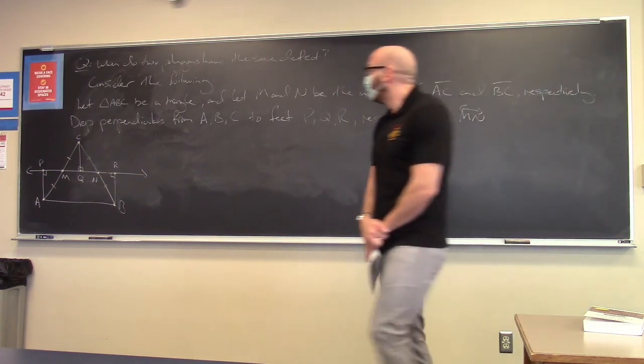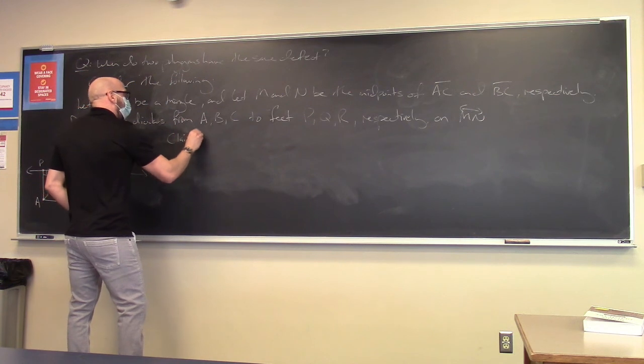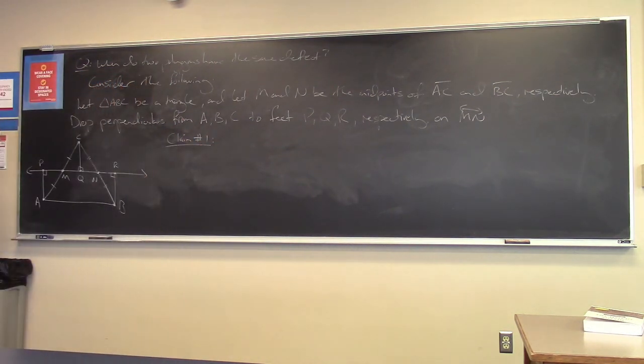Okay. All right, so I'm going to make a couple of claims. Claim number one. My first claim is that ABRP, actually I think in my notes I go the other way around. I don't know why I've done this in my notes. Traditionally, mathematicians label things counterclockwise, but I'm going to call this the security quadrilateral APRB. My claim is that this is a security quadrilateral. I've got two right angles here.